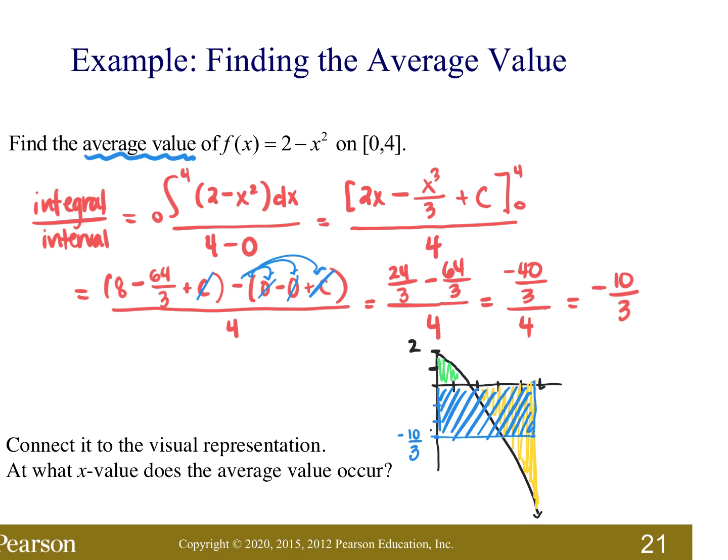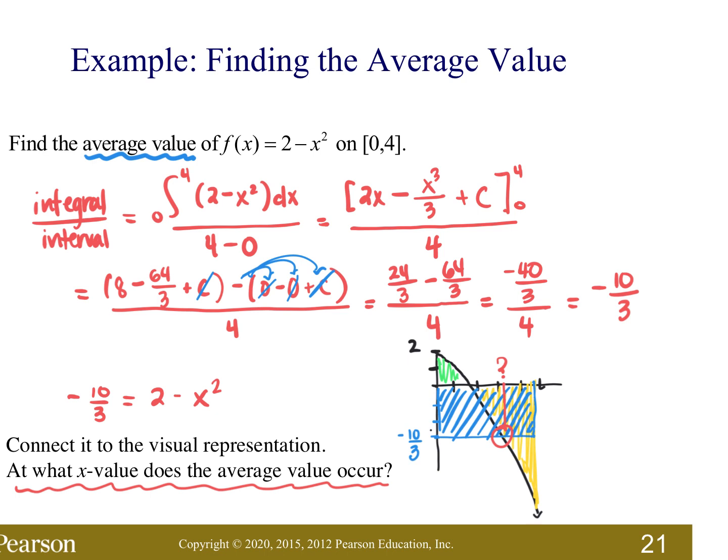Sometimes a follow-up question they ask might be, at what x value does this occur? So you need to find the intersection point of where negative 10/3 slices through the parabola and figure out at what position that is happening. So mathematically, where does negative 10/3 equal 2 minus x squared? It's just some quick math on that.